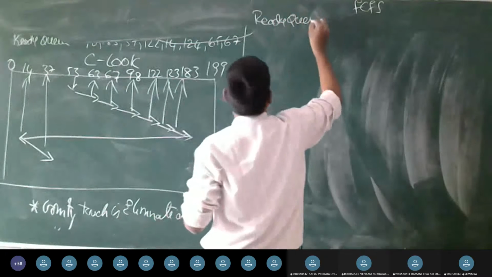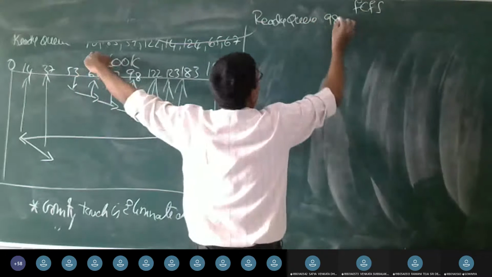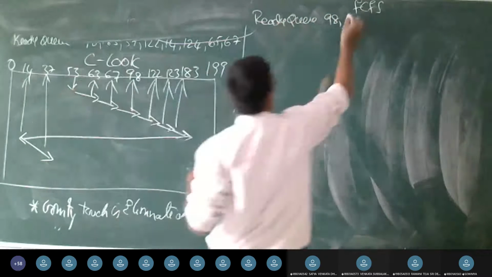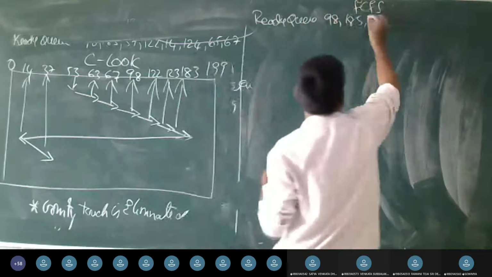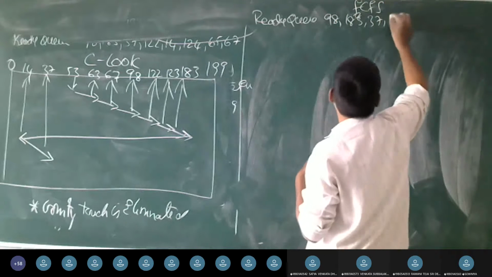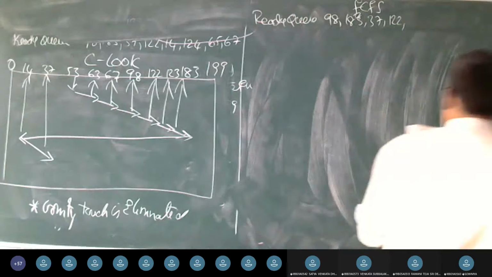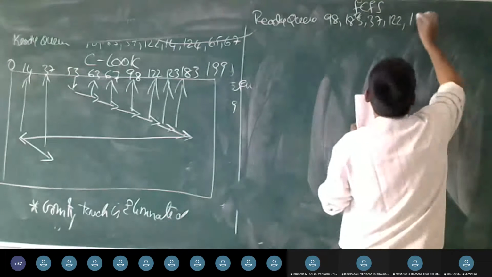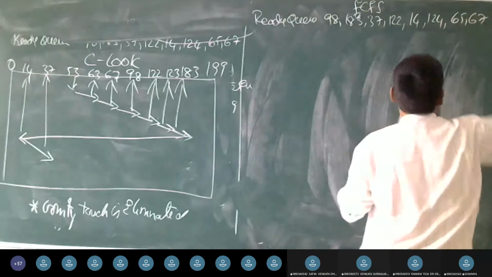The items were 98, 183, 37, 122, 14, 124, 65 and 67.